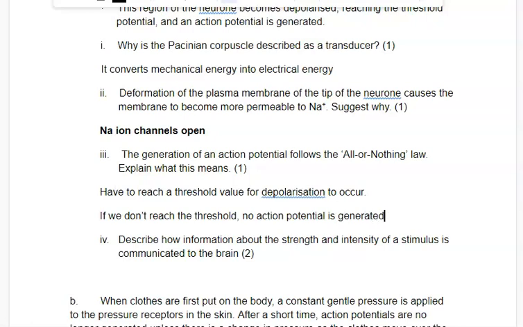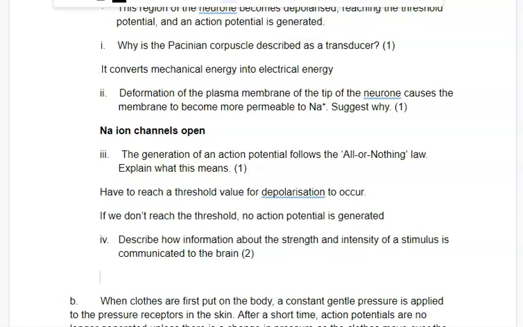Okay, describe how information about the strength and intensity of a stimulus is communicated to the brain. Well, we know that an action potential is going to be the same for every single neuron. It's the same voltage or millivoltage. So how is the brain going to tell those two things apart? How is it going to know that something is more intense than another?